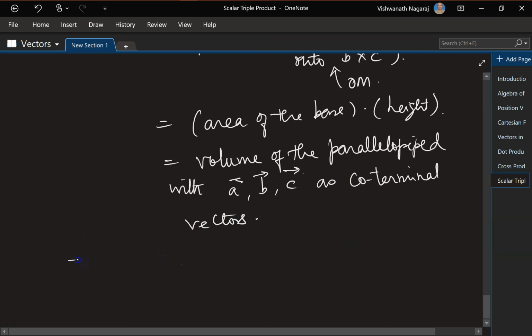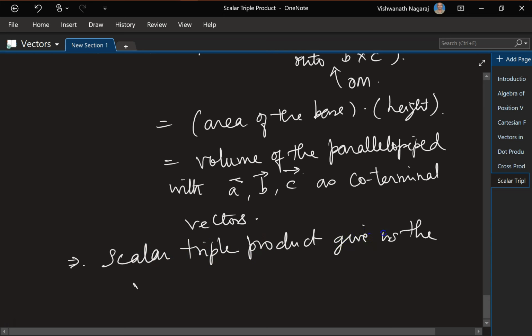So which means the scalar triple product gives us the volume of the parallelepiped with A, B, C as co-terminal edges.